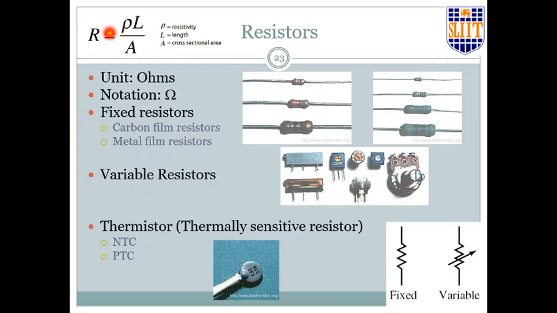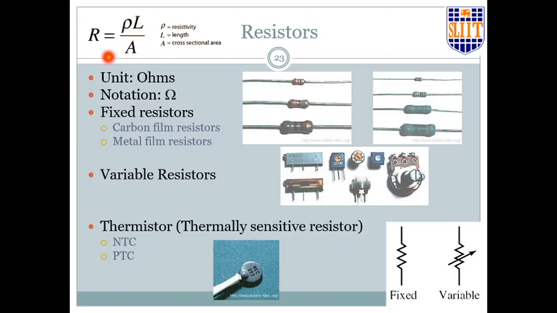If you take a cube that has a side length of 1 meter, the resistance across opposite faces is the resistivity, because L becomes 1 and A becomes 1 meter squared. So the resistance across the two opposite faces is the resistivity.